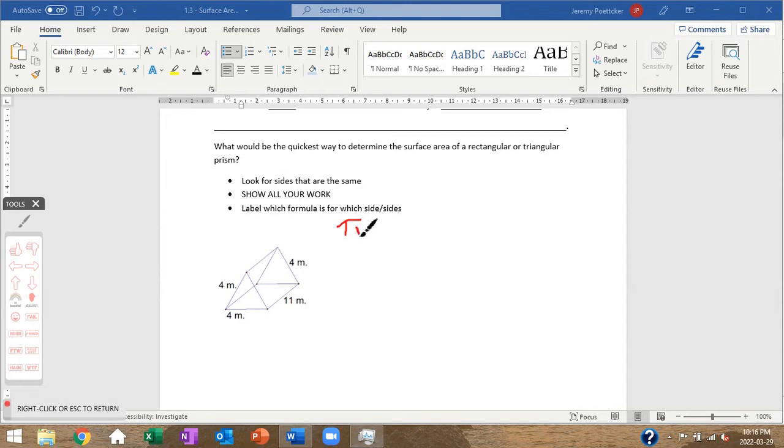All right, so what I'm going to do is find my triangles. I usually write down triangles, and I'll write times 2, because I see that there are 2 that are the same. And then I'm also going to look for the rectangles.